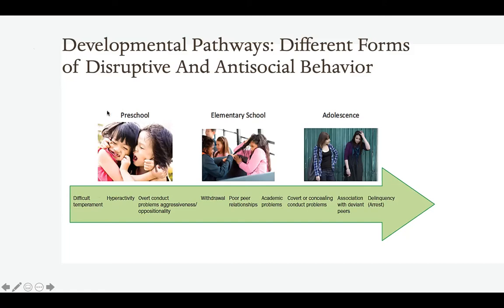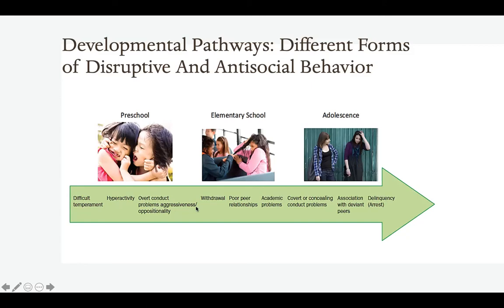So before the preschool years, as an infant, the very first sign perhaps is having a difficult temperament. If you don't know what temperament is, it's very similar to personality. So it starts off with that difficult infant, then leads to some hyperactivity and impulsivity during the preschool and early years. During the preschool years, we have a peak in oppositional and aggressive behaviors. Again, defiance is there, and being a little more aggressive, perhaps biting, fighting, those kinds of things.